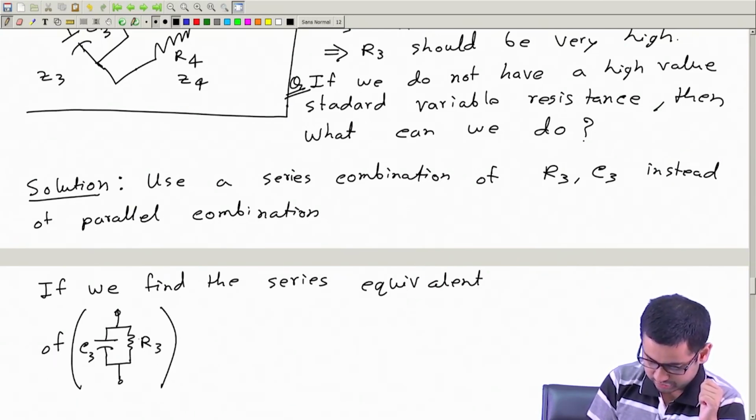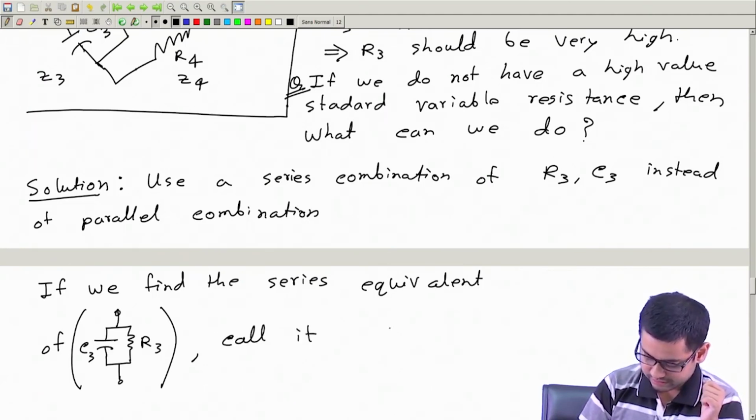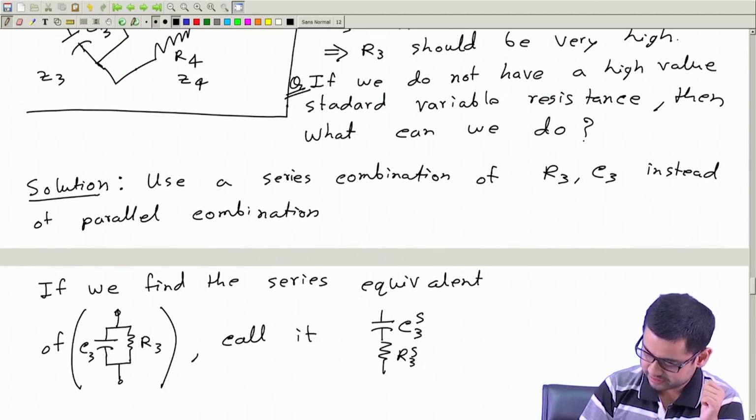Series equivalent of this, call it this, call it C3S R3S.